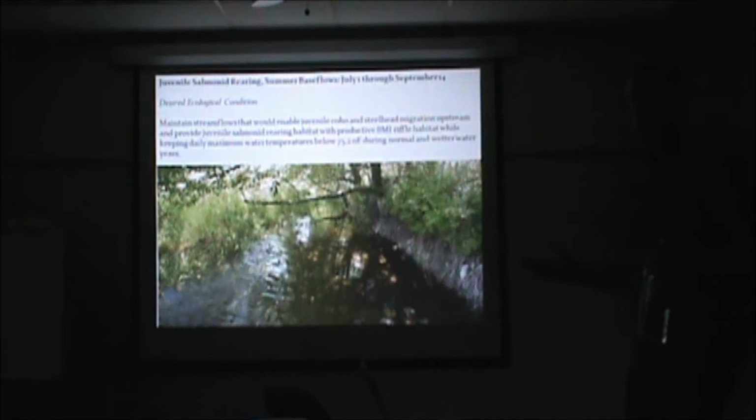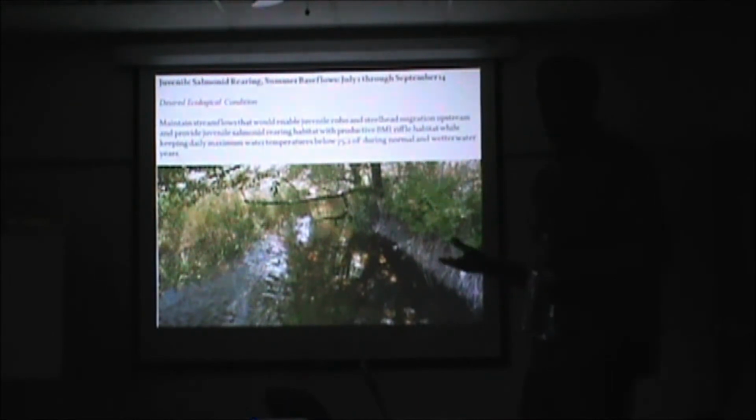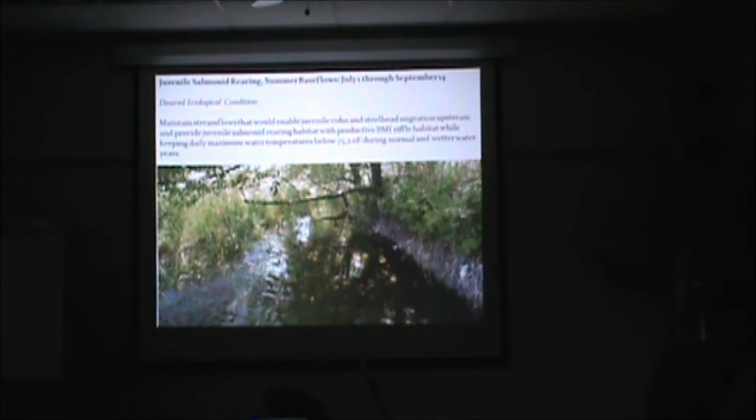Depending on the complexity of the model, and how big in the basin that model is built to, it could be a pretty expensive endeavor. And when you do a water temperature model, you also have to consider other sources that affect the thermal regime of the river, groundwater sources, et cetera.